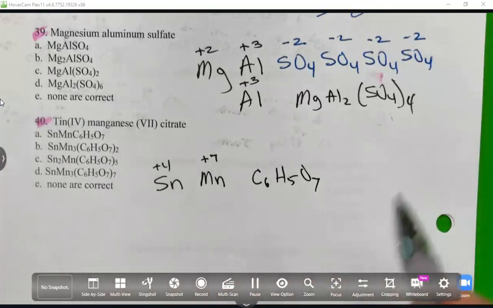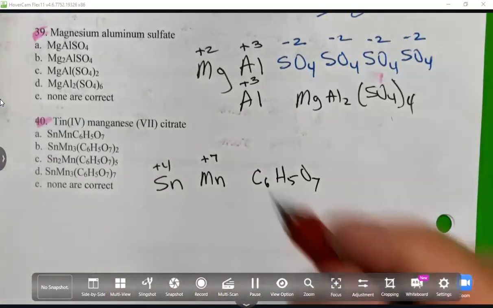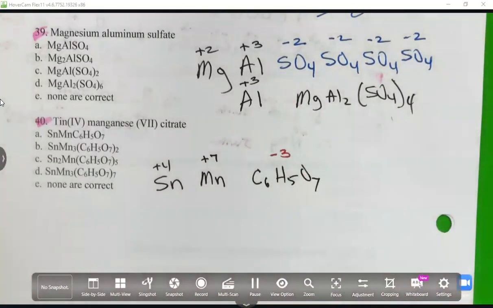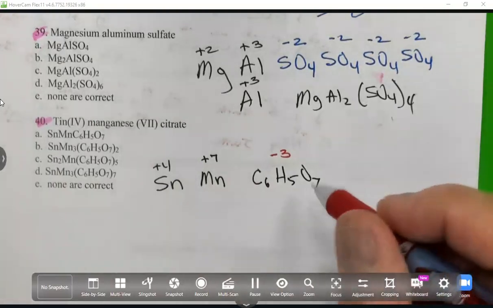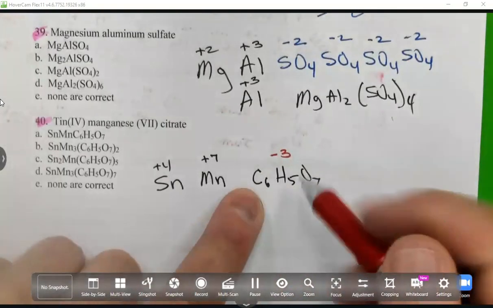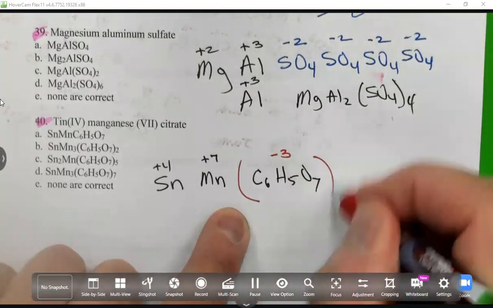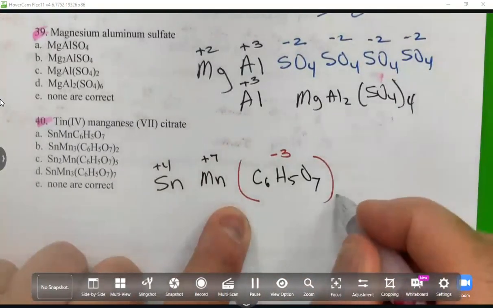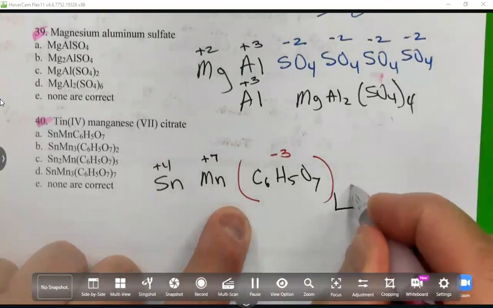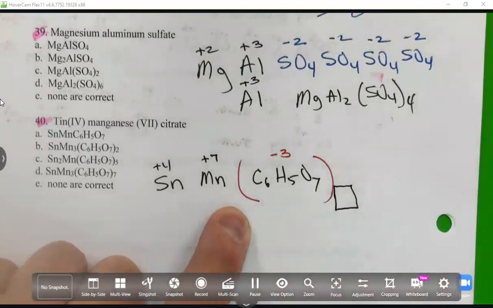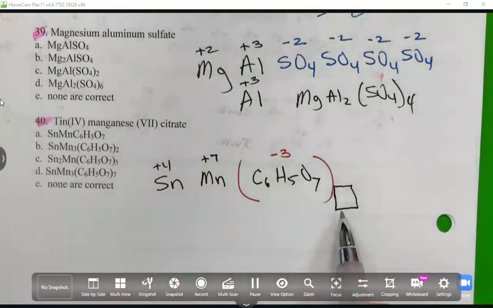And my citrate is -3. Instead of writing out all those citrates, let's do this. We've got a +11, a -3. For sure, we got to put parentheses around there. And we've got to crank this number up right here. There's going to be a number here. We're going to need more than 1 citrate.